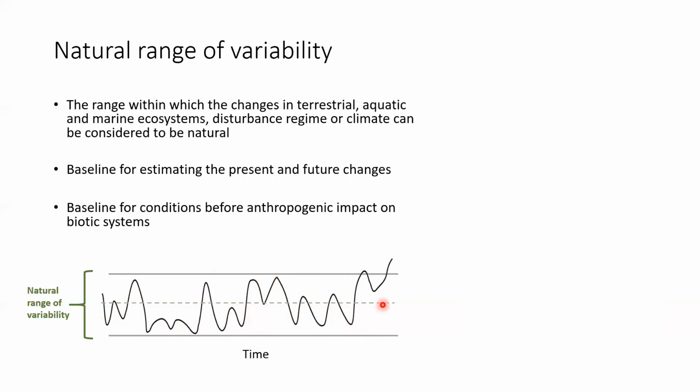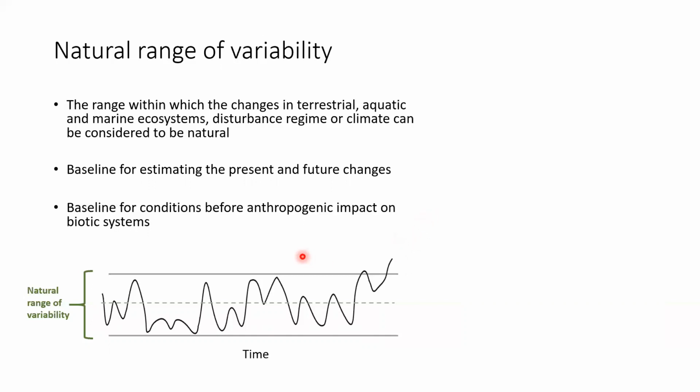But then at some point, if the variability goes out of the natural range, then we know that there's some effect of humans, or something has happened that has made, for example, climate or fires behave differently than they've done for thousands or tens of thousands of years.